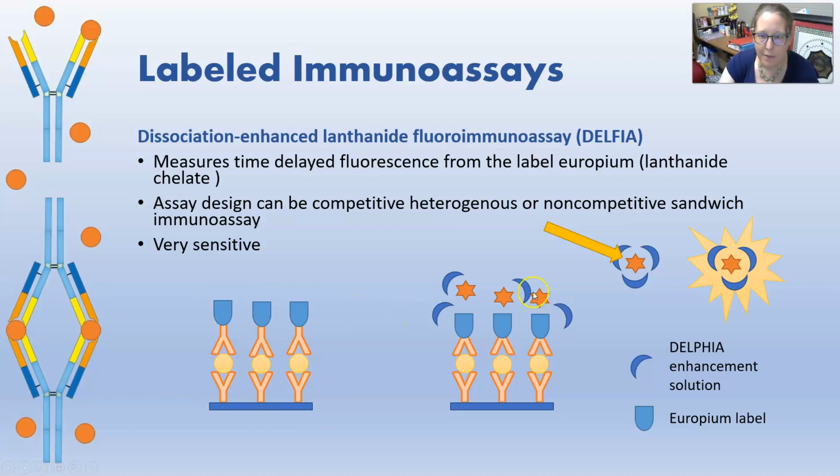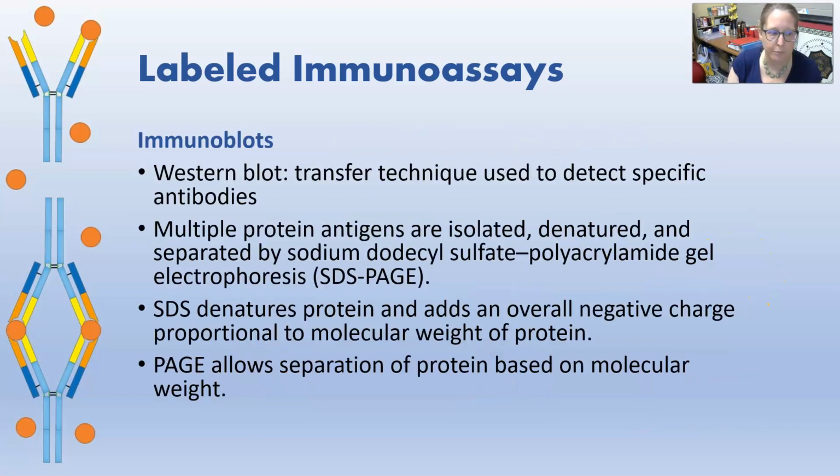And then they will add the DELFIA enhancement solution, which causes the europium to release its little compound here that is lanthanide, I guess, that is going to work with the enhancement solution to create the signal. And so there's a little bit of delay between this happening and the signal happening. So that's why it's a little bit delayed. It's a time-delayed fluorescence. It's very sensitive. It's a really good one.